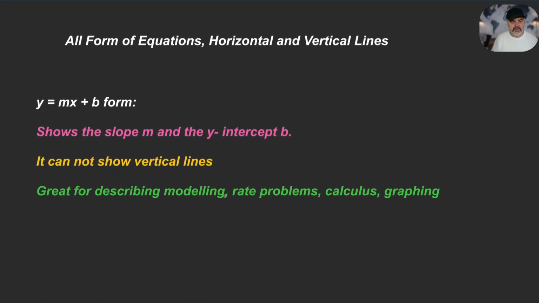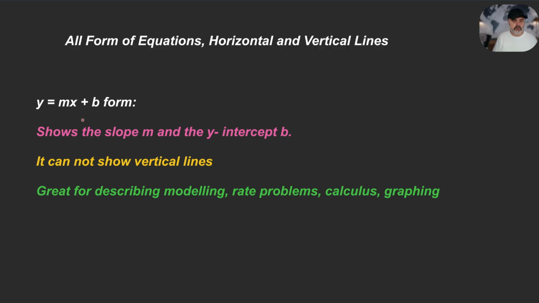You are most familiar with the y-intercept slope form equation of a line, because it's very practical. It is very useful when we want to show the slope of a line and y-intercept, when we want to do some modeling and see if the patterns are linear, rate problems. Beautiful application.